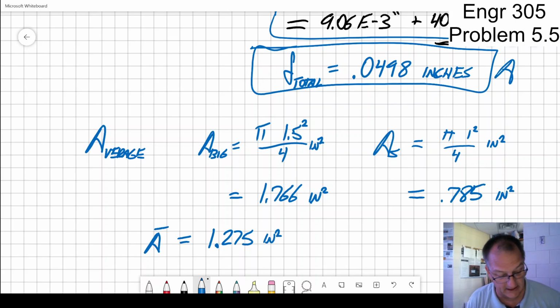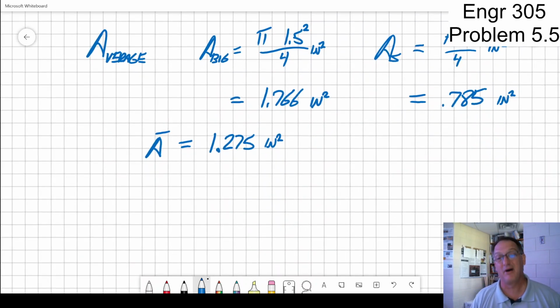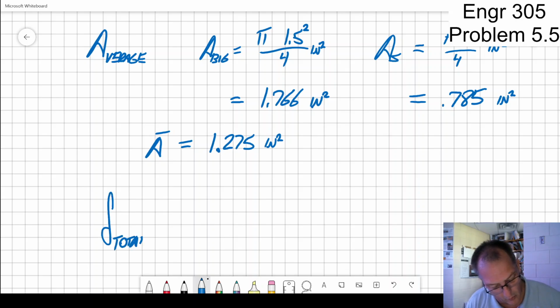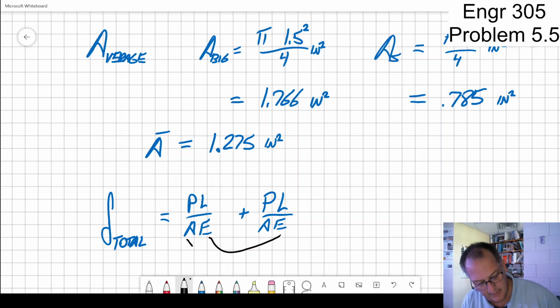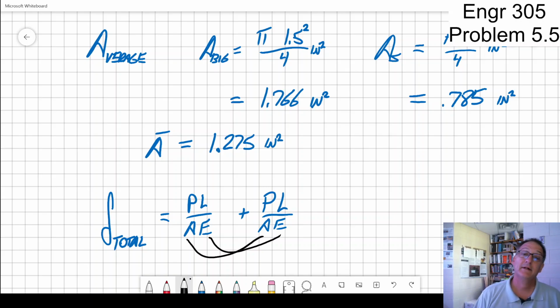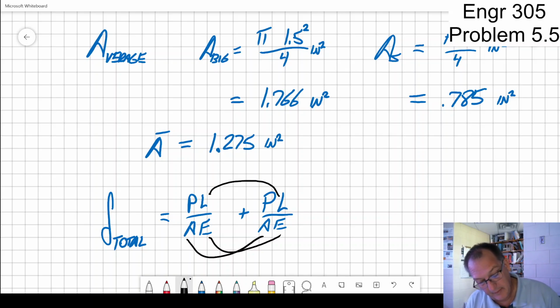Now the beauty is, well, I thought the beauty was, I still have to calculate delta total. Why? Because even though the equation is PL over AE plus PL over AE, now I have my E's the same, my areas the same, and my L's the same, don't I?